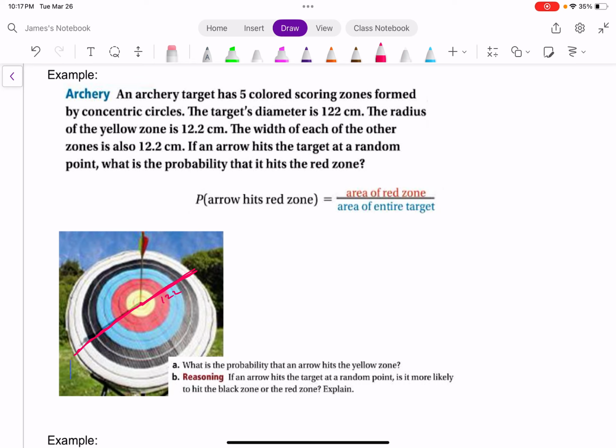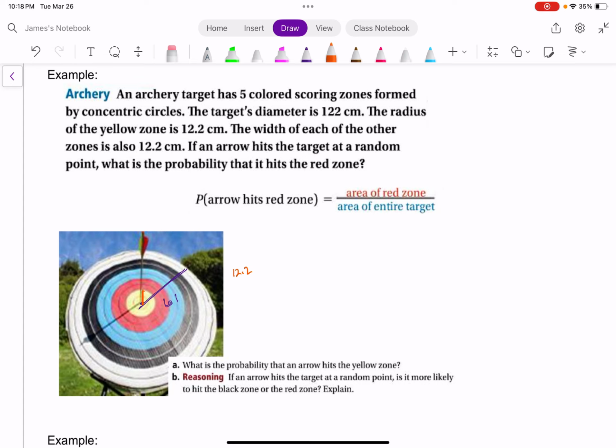If we cut it in half to get a radius, that would be 61. Okay. It's saying the radius of the yellow zone, so that radius right there is 12.2. And then it says the width of each of the other zones is also 12.2.